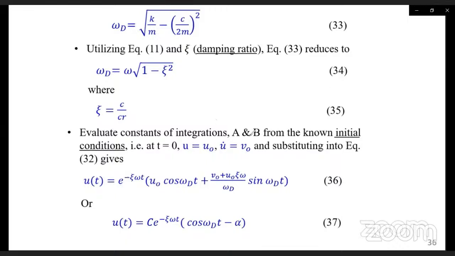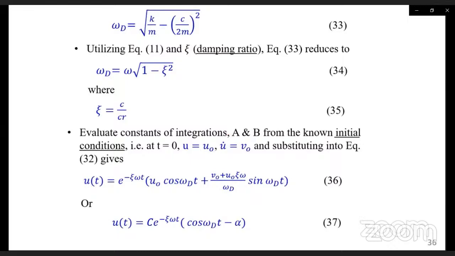We need to see the substitution. We need to see you substituting this in equation 32 for the displacement, and then we need to see you differentiating equation 32 and then substituting v naught at time t equal to 0. We need to see the workings. But at this stage, I felt that it's good to just not overwhelm you with that.